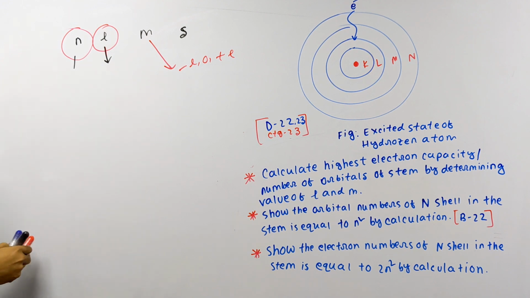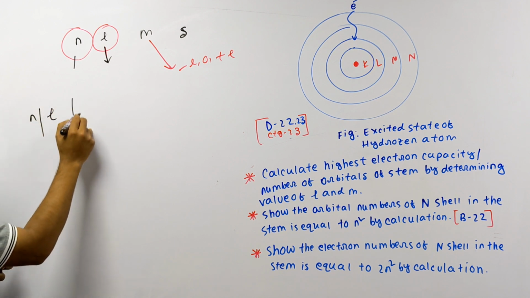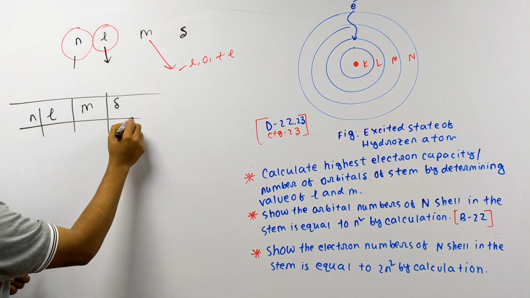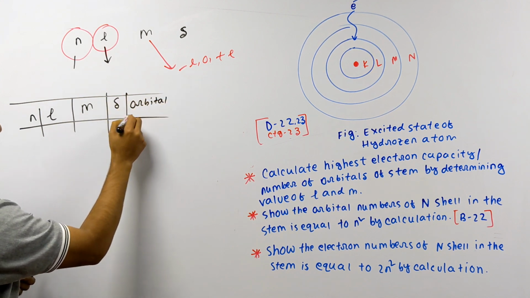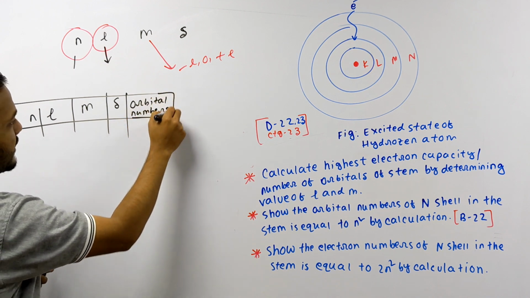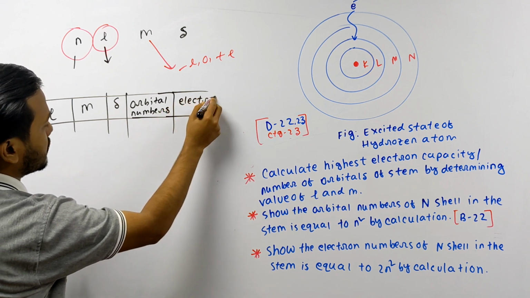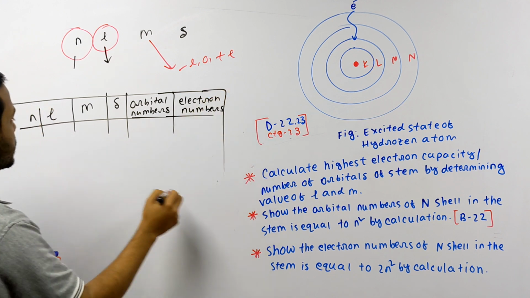So I will draw a map here: n, this is l, this is m, this is s. Also we should know orbital numbers and electron numbers.